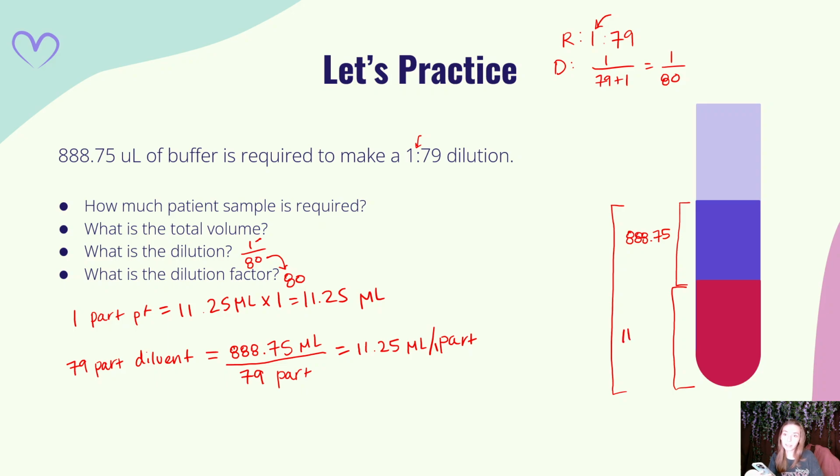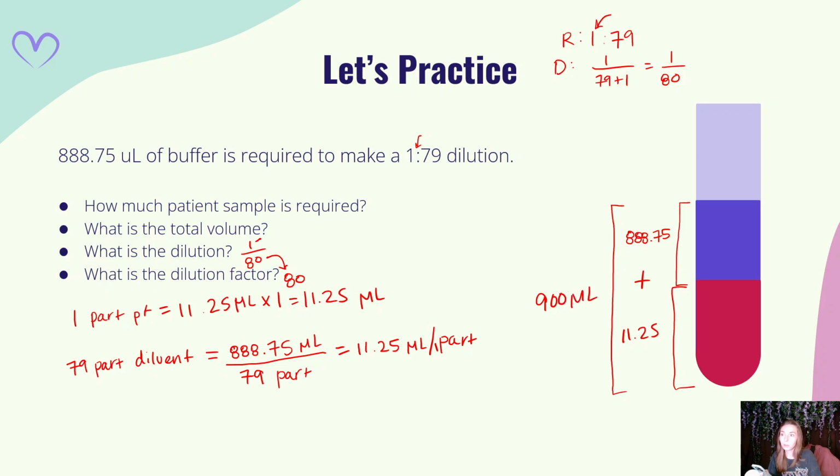Wow, 11.25 microliters for my patient sample. Then I can add 888.75 plus 11.25 to get my total volume, which is going to be 900 microliters.